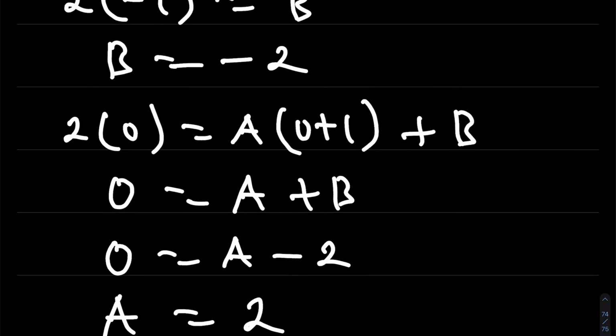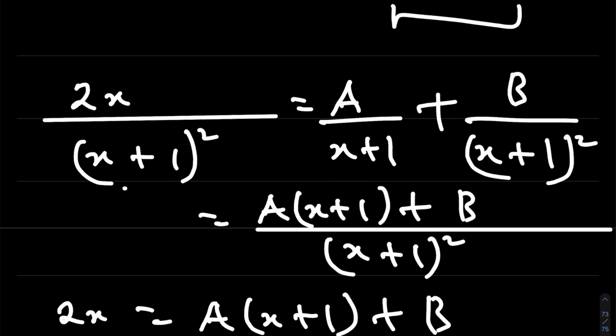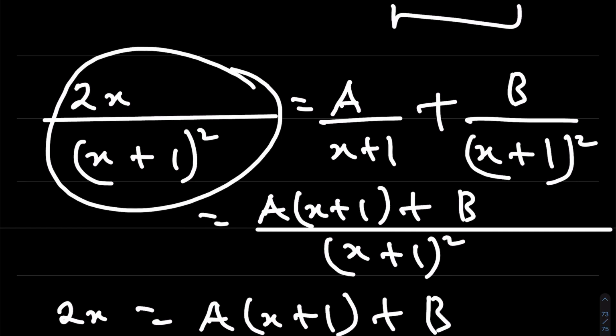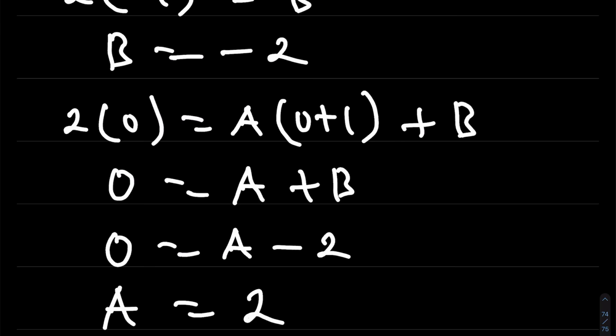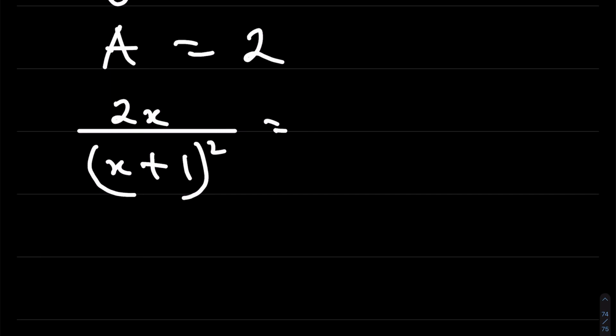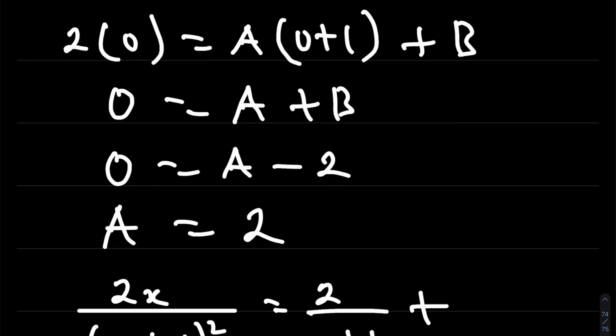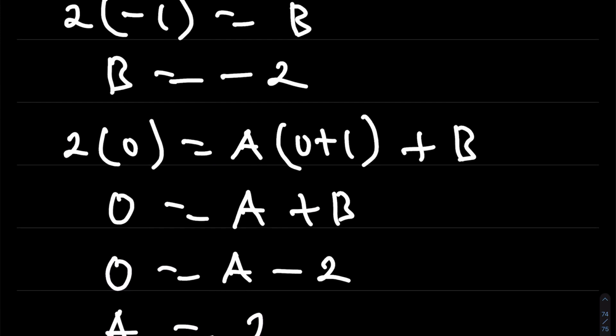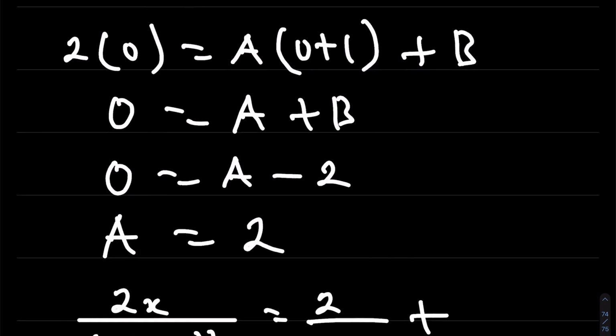Now that simply means the fraction that we have just resolved into partial fractions, 2x over the square of x plus 1, is equal to a over x plus 1, which is 2 over x plus 1, plus b over the square of x plus 1.